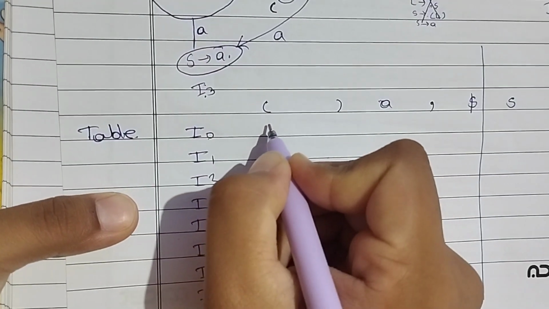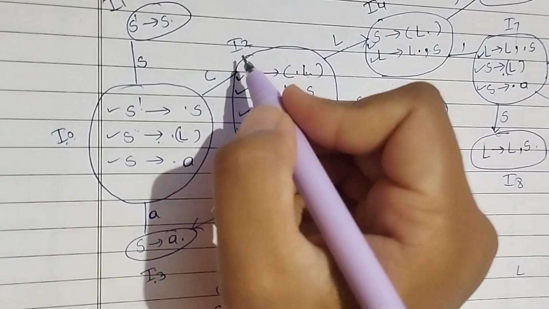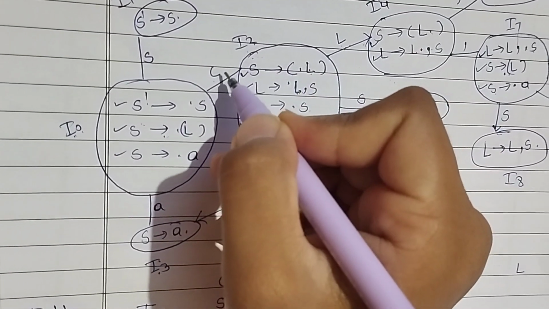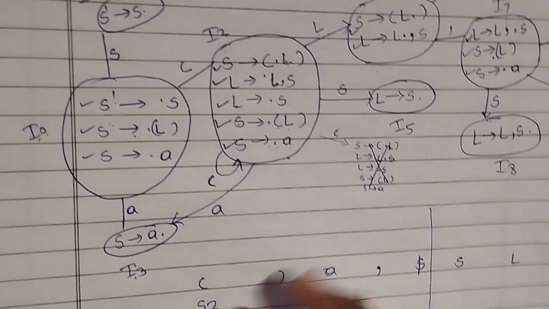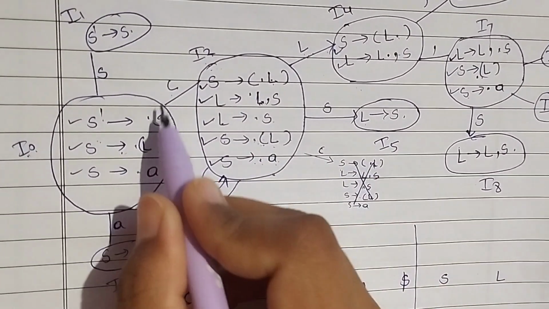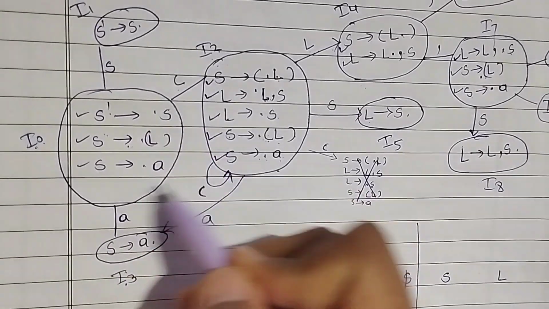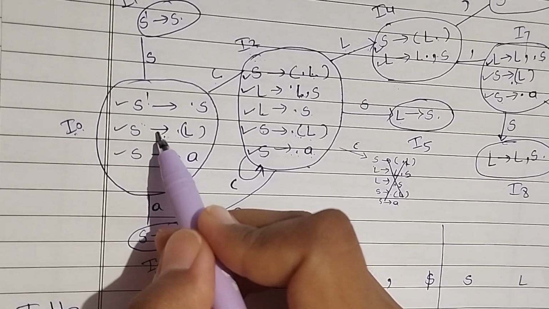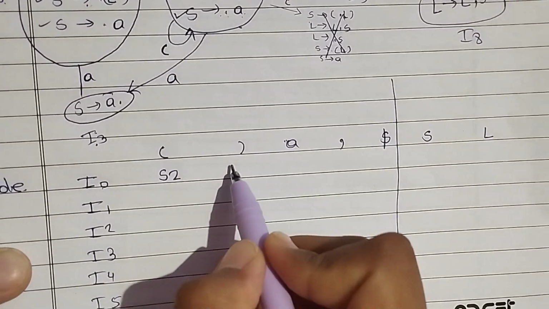So we write S2 here. Now for the closing bracket, we do not move anywhere from I0, so we do not write anything.